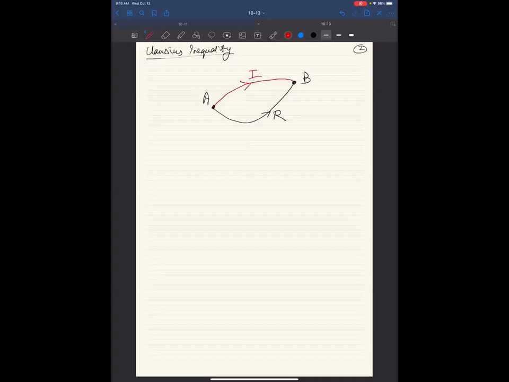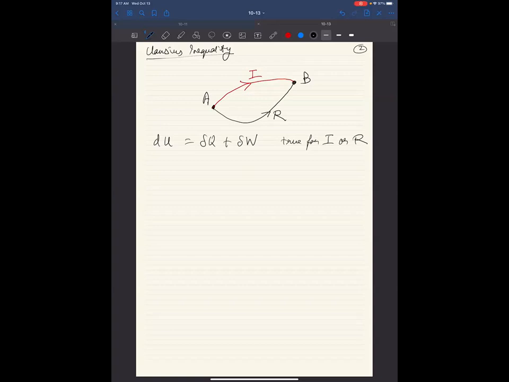Let's write down our first law of thermodynamics for both paths. We can write dU is equal to delta Q plus delta W. This is true for both path I and R, correct? This is just the first law of thermodynamics. What can we write down special for the reversible path?